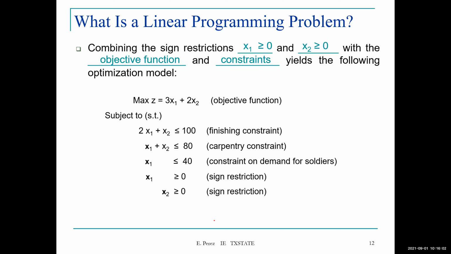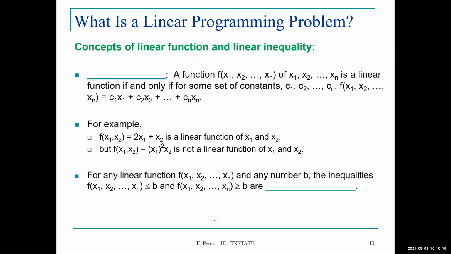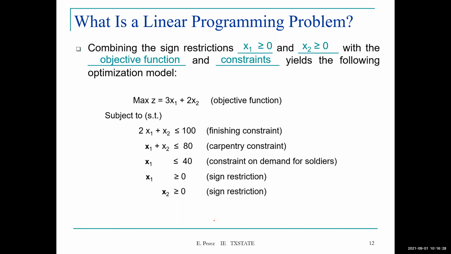So the question now is, how do you solve this, right? And we will talk about that in the next lecture. For now, we have to give you a little bit more information about linear programming problems. So, concepts of linear functions and linear inequality. Remember, we started this class with the discussion of linear algebra. So if you see this model, you see that those equations are all linear, right?